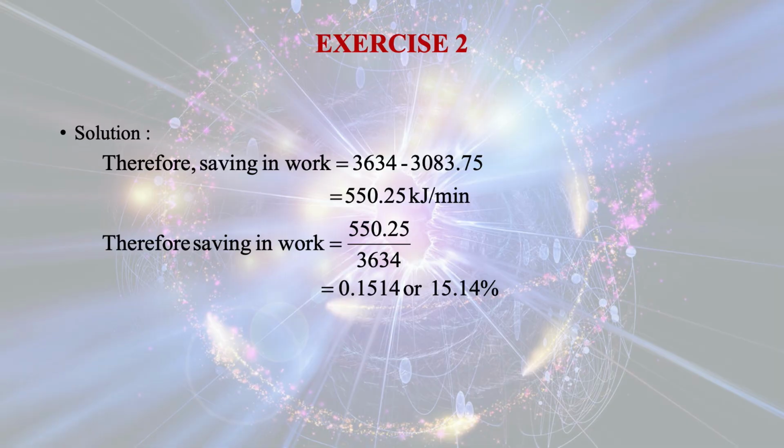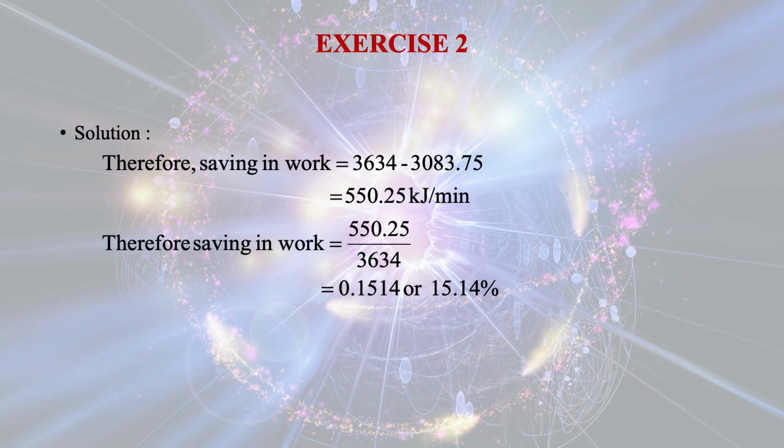You have calculated W total, which comes out to be 3634 kilojoule per minute. So the saving in work is 3634 minus 3083.75, which comes out to be 550.25 kilojoule per minute.